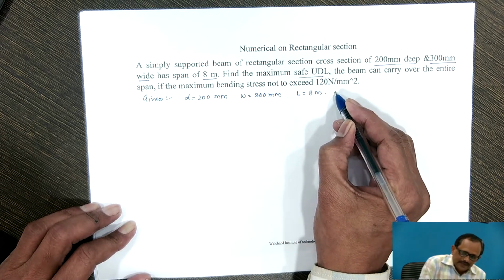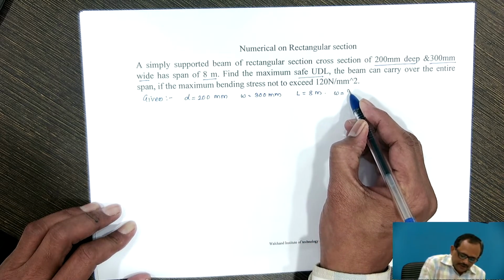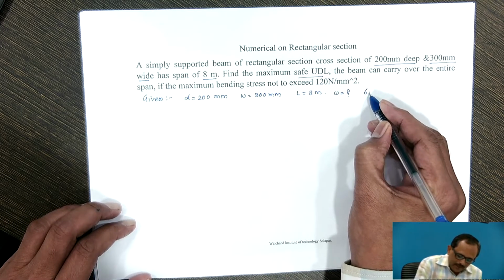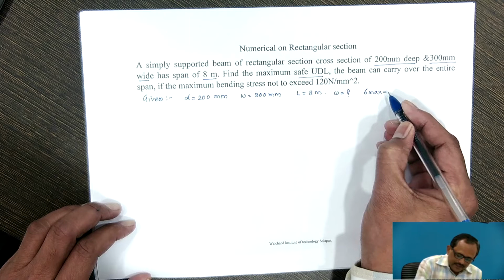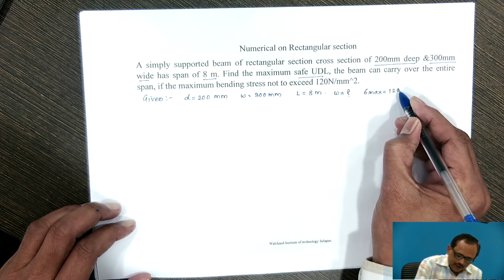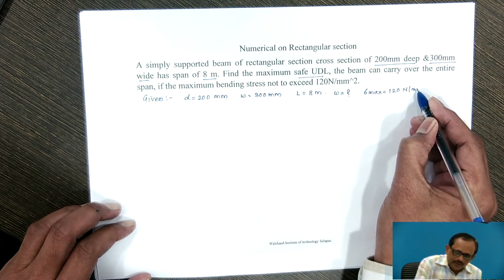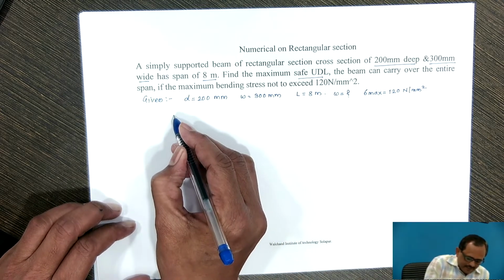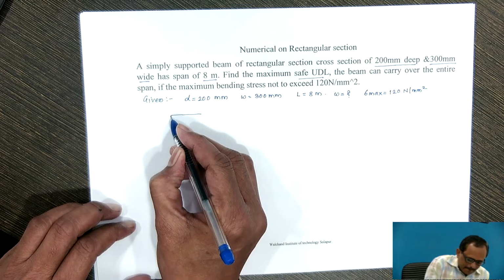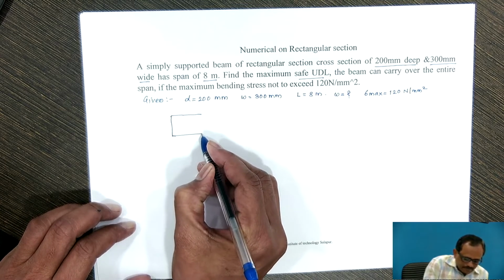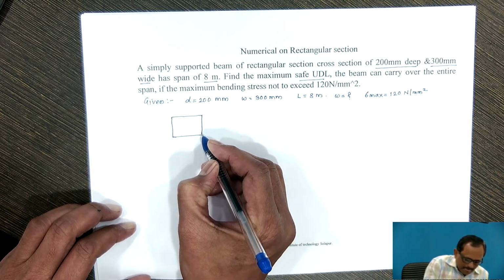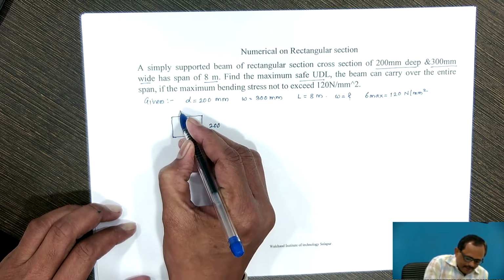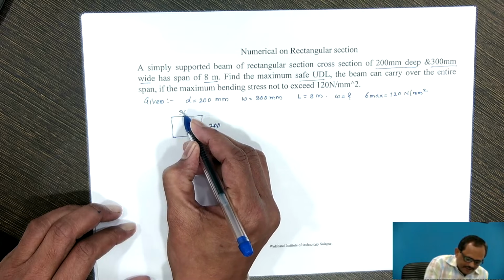We have to determine the intensity of UDL if the maximum bending stress is not to exceed 120 Newton per mm square. The section given is a rectangle section. The depth of the section is 200 mm and width of the section is 300 mm.